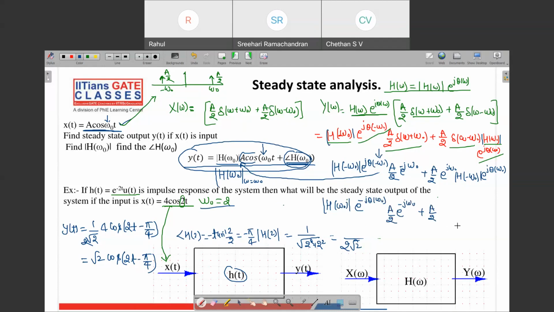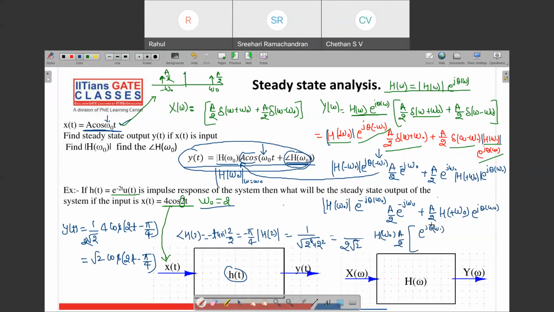Wait, this is plus actually here, and then e to the power j theta omega naught. Now if you see this complete thing, you can take the h of omega naught a by 2 common. You will be left with e to the power j theta omega naught.